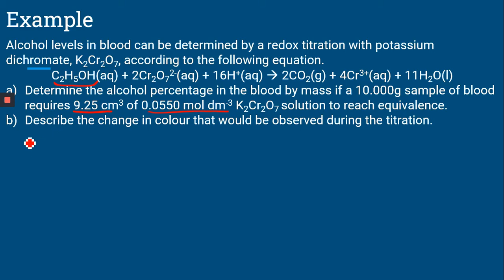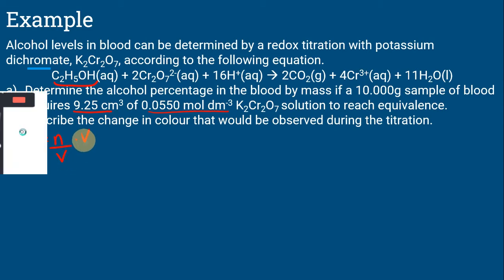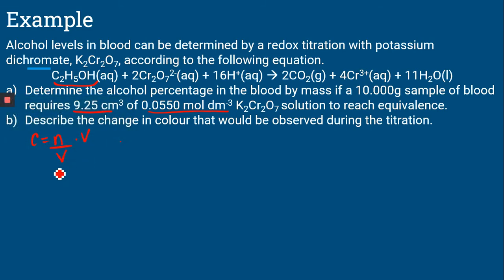So to do that, we would want to get the moles of potassium dichromate. So we're going to use our understanding of concentration, and concentration is equal to moles over volume. So if we multiply both sides by volume, then we can find our moles. Notice this is in centimeters cubed and this is in decimeters cubed, so we are going to have to move our decimal 3 places to the left.